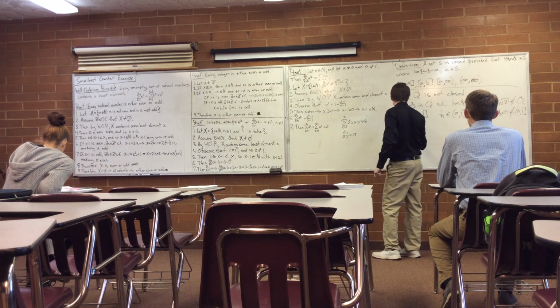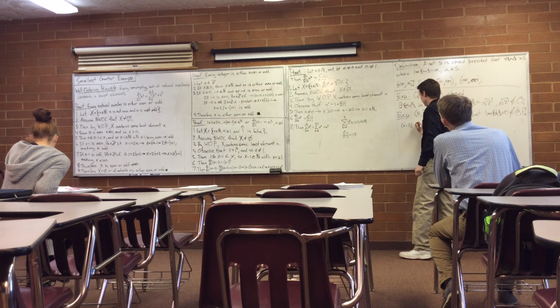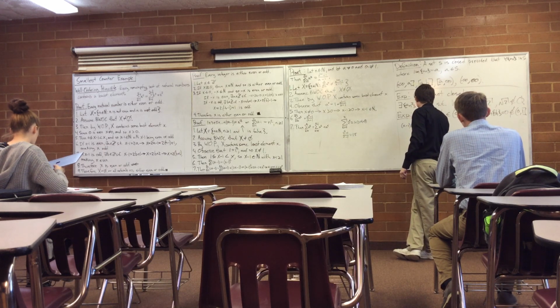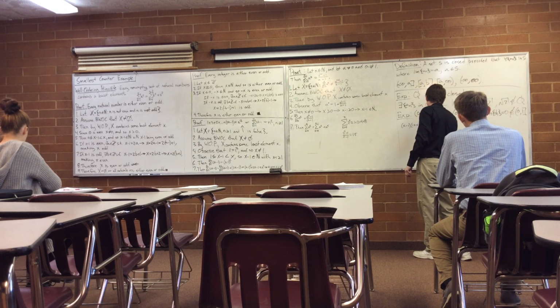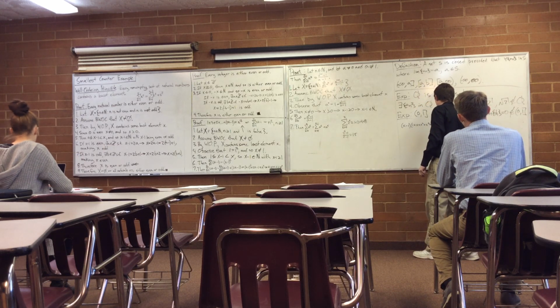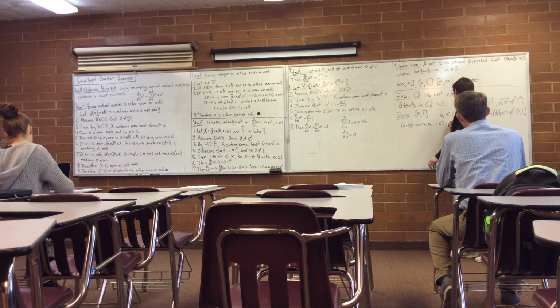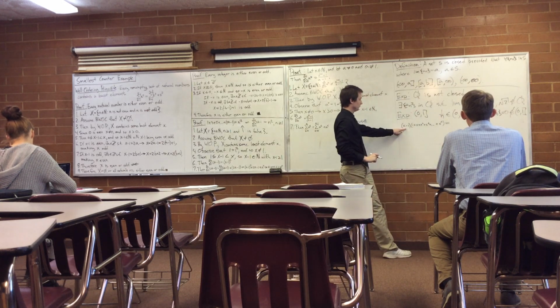So if I have x minus 1 times 1 plus x squared plus x cubed plus dot dot dot plus x to the n. What does this equal? So let's multiply it out.